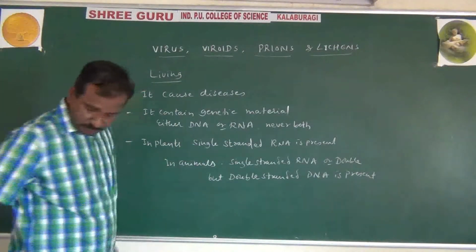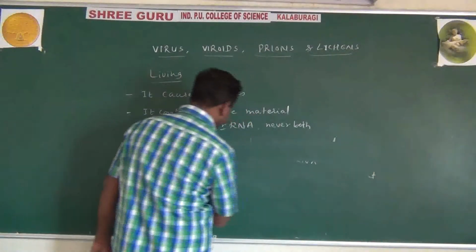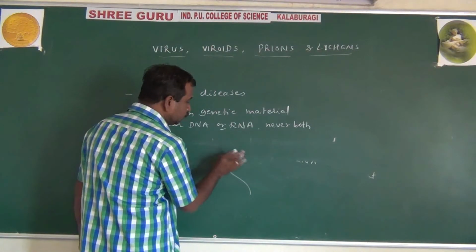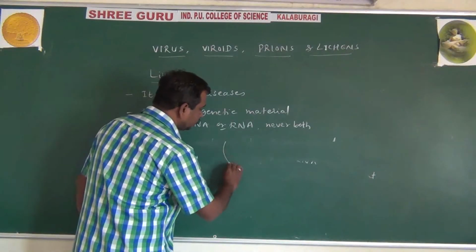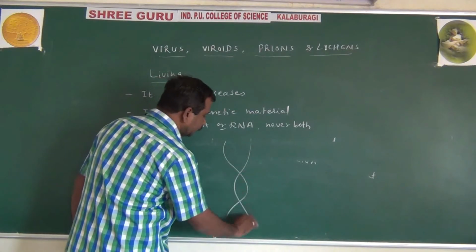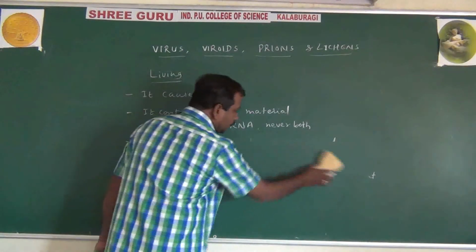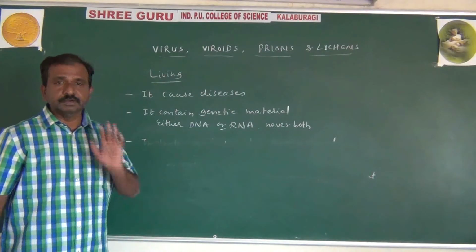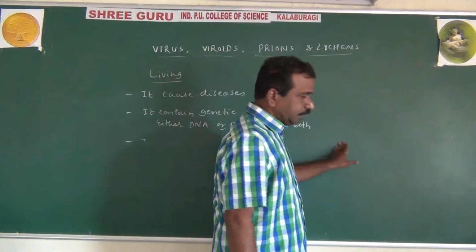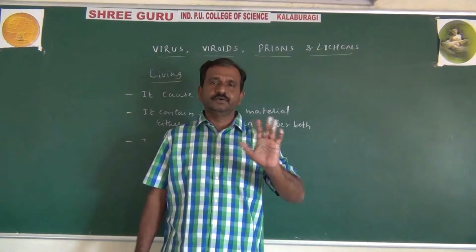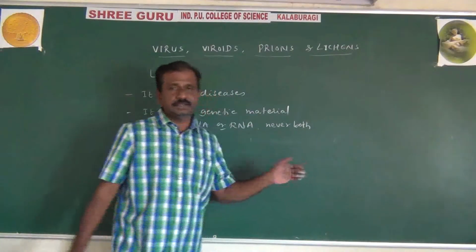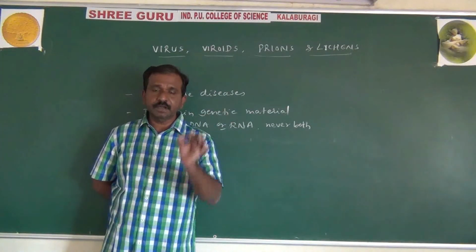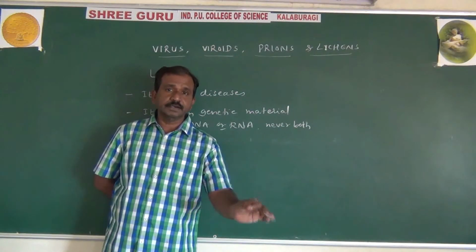Next, we have to observe the next character. You might already have observed that DNA is double-stranded, and this is single-stranded. A virus that infects plants contains only RNA.